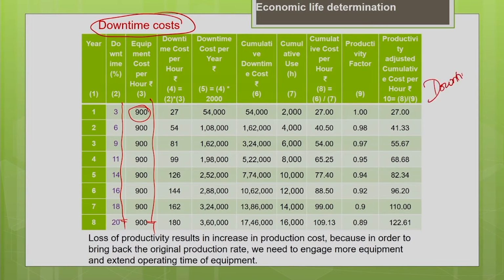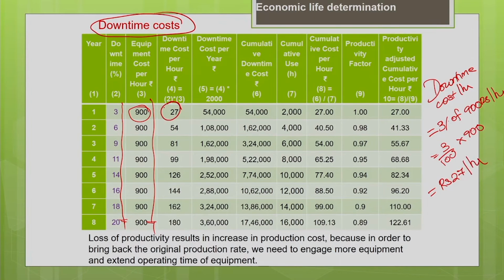Downtime cost per hour equal to 3% of your equipment cost. Equipment cost is nothing but 900 rupees per hour. So, 3 by 100 into 900, it gives you the downtime cost is rupees 27 per hour.